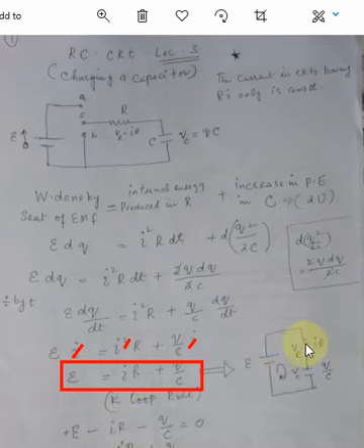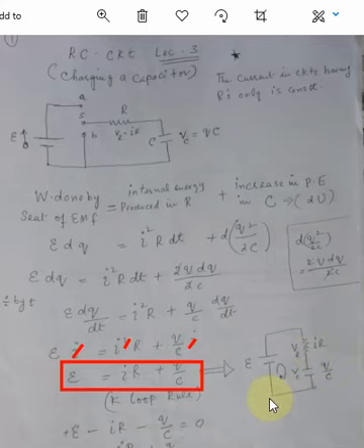The next voltage change comes when we traverse the capacitor C in the downward direction. As the upper plate is positive and the lower plate is negative, we are going from positive potential to negative potential, or from higher potential to lower potential. So this voltage change will also be negative and is given by minus Q over C.